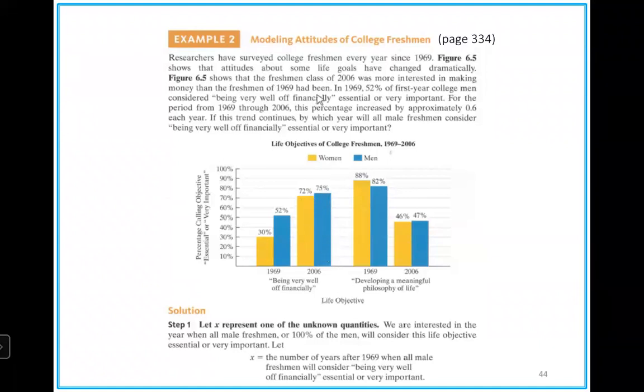So the question is saying it increased by 0.6 each year. If this trend continues, by which year will all male freshmen consider being very well off financially essential or very important? If we are looking for all, what percentage would all be?